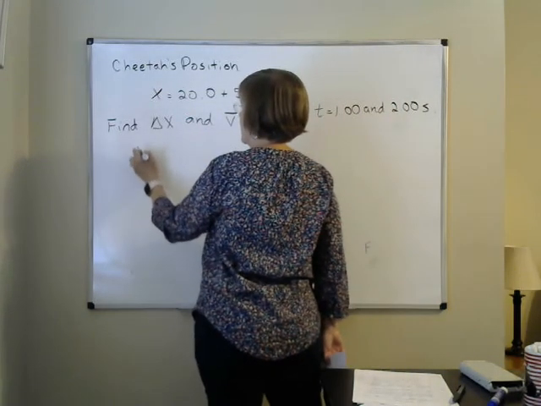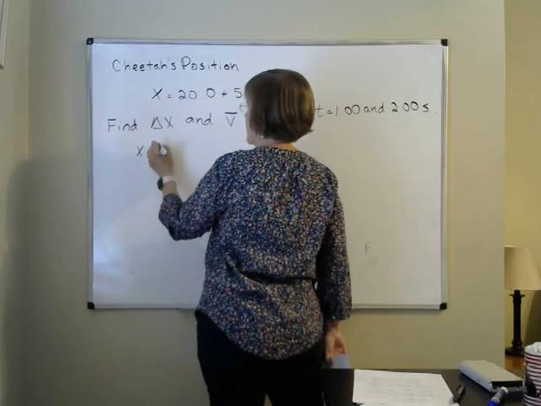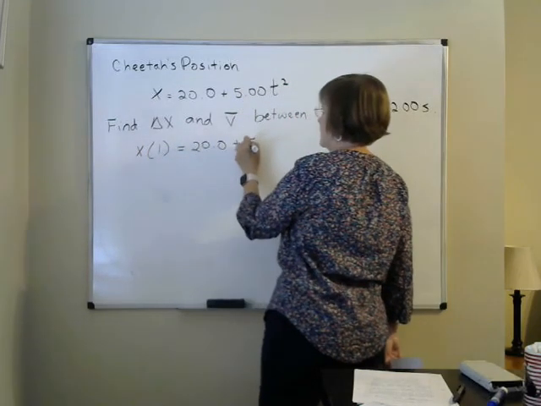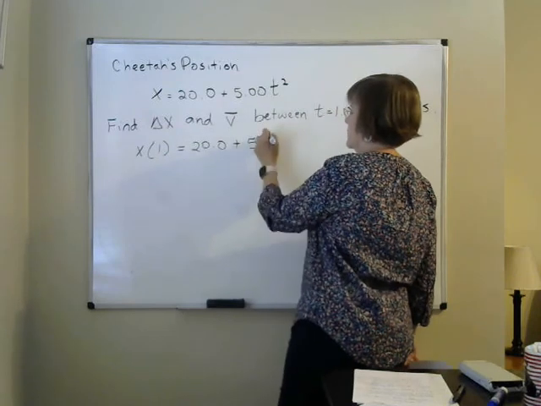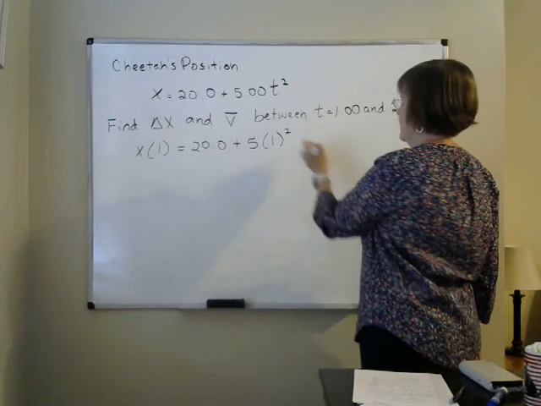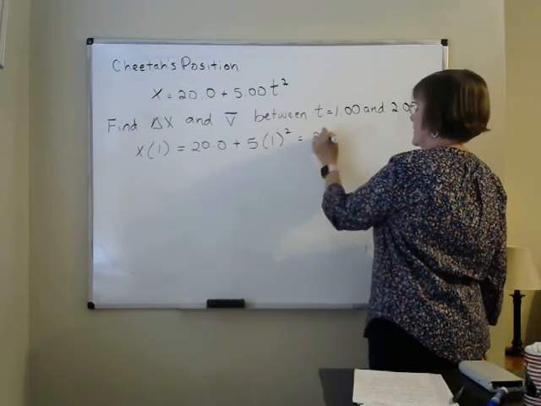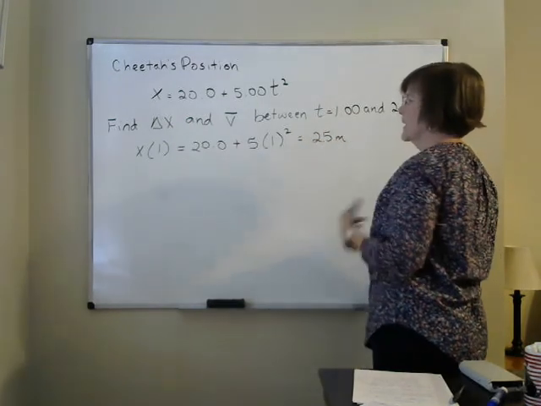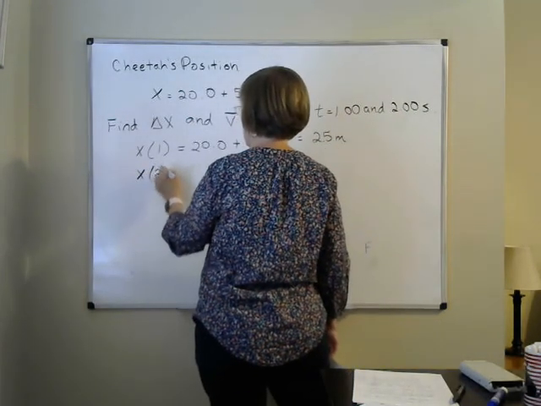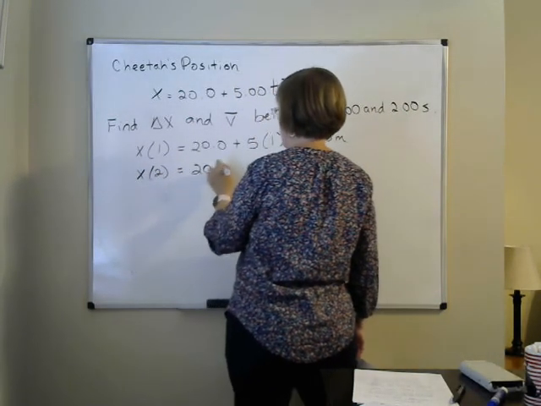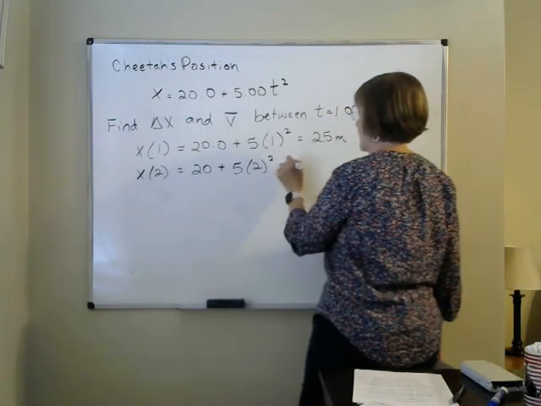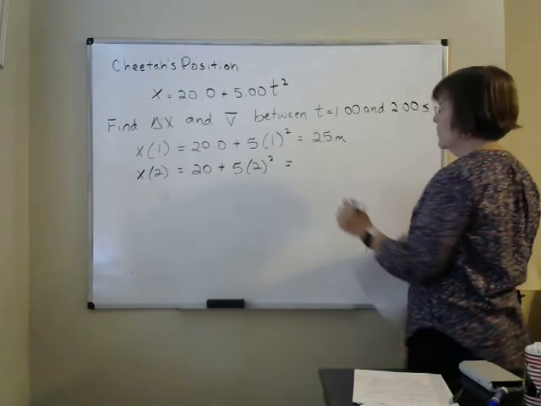If I want when t equal 1 second, that's going to be 20.0 plus 5. I'm going to leave off the extra zeros times 1 squared. The time is 1. That's going to be 25 meters. We could call that x1, right? At 2 seconds, it's 20 plus 5 times 2 squared. Oh, that comes out to be 40 meters.